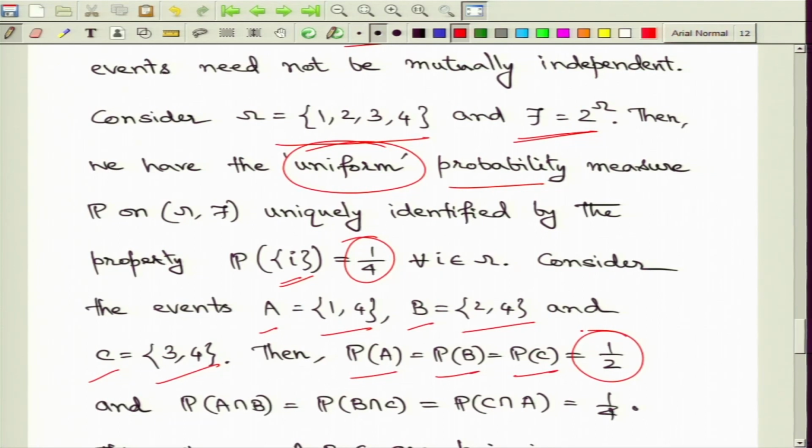Note that all of these sets have a common intersection given by the point 4, and therefore, if we try to compute probability of A intersection B, A intersection B is the singleton set {4}, and therefore, the probability of that event is exactly 1/4. Similar facts are true for probability of B intersection C and probability of C intersection A.